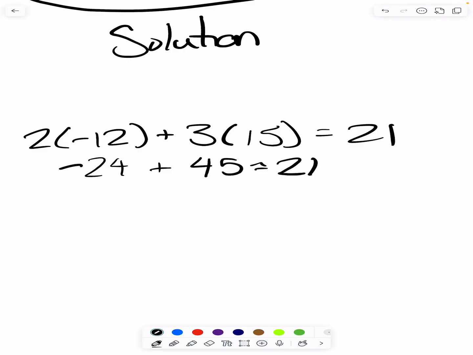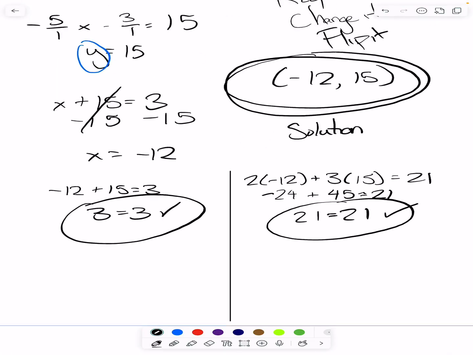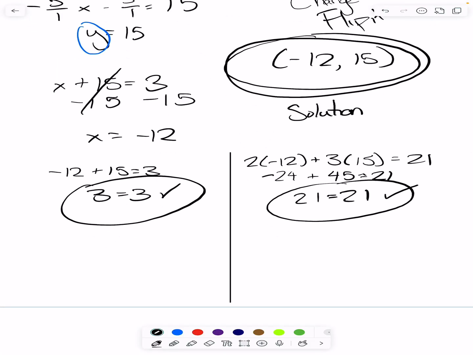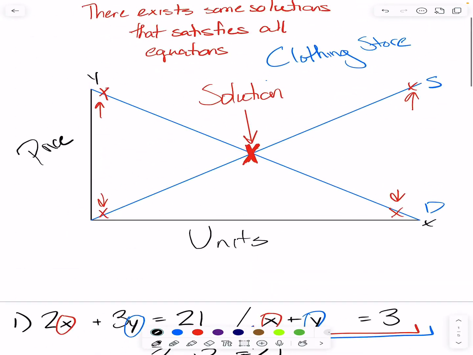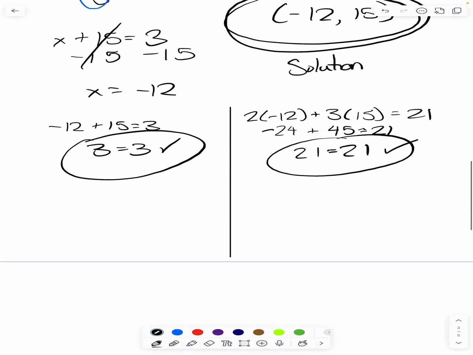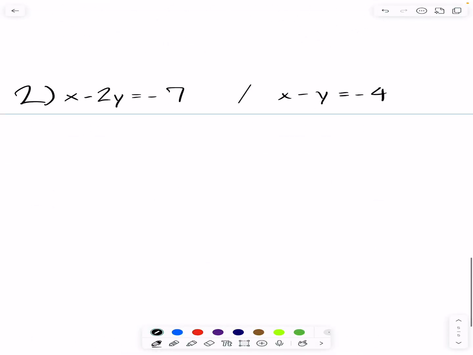So negative 24 plus 45 should give me 21. Let's confirm this real quick. Yes, 21 equals 21. Yep, checks out. So this is an optimal solution, right? If we were to graph this, it would look something like a cross right here, where we have our solution.